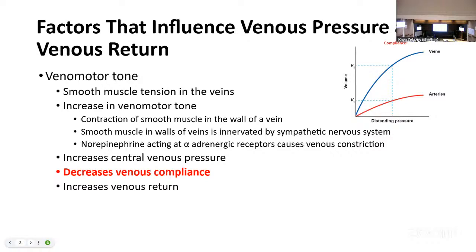Okay. So a reminder about venomotor tone. We mentioned that smooth muscle in general has tone, right, before. That kind of tension in smooth muscle, where we have this intermediate tension where we can dilate and constrict from that base amount of tone, is a little different than how a skeletal muscle works.